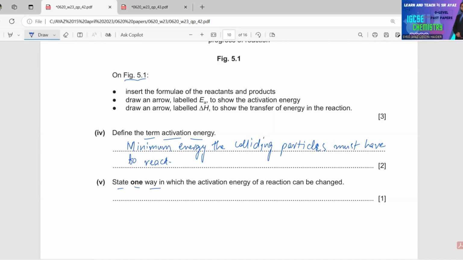Number 5, state one way in which the activation energy of a reaction can be changed. You can decrease the activation energy by adding a catalyst.